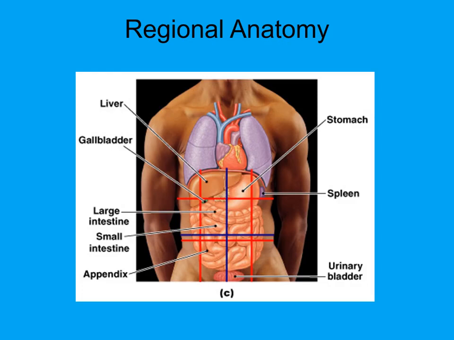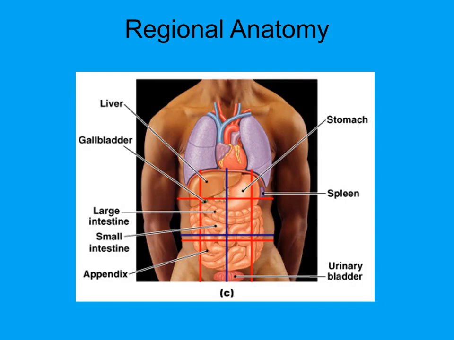And in this picture, this is now overlying the quadrants, which is drawn with this dark blue line, the regions, which is drawn with the red lines, and it is now also showing underneath that where some of the major organs are.